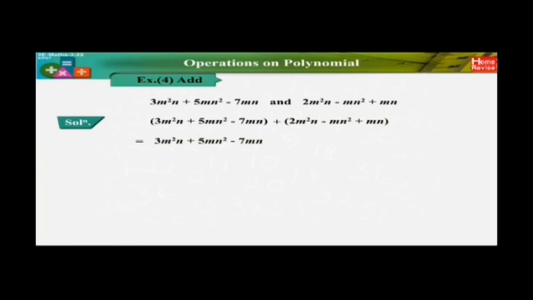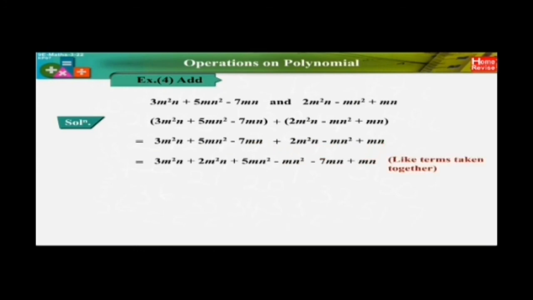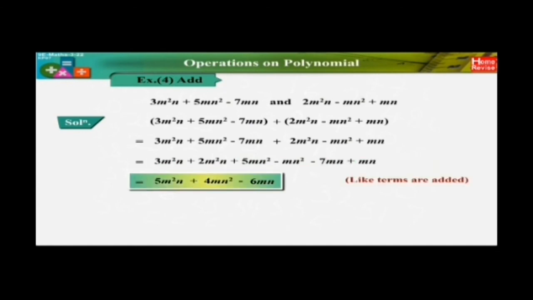It will be 3m^2n + 5mn^2 - 7mn + 2m^2n - mn^2 + mn. Now 3m^2n + 2m^2n + 5mn^2 - mn^2 - 7mn + mn. Here like terms are taken together. So it will be 5m^2n + 4mn^2 - 6mn. Like terms are added.